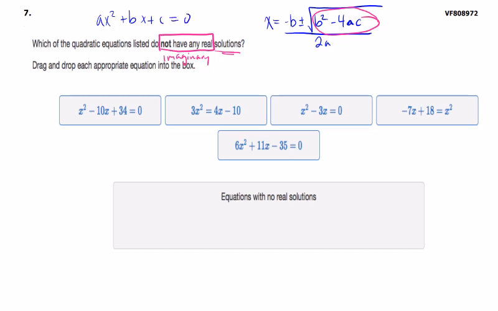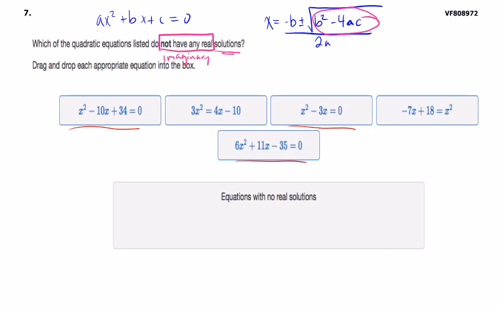In other words, I have to set one side equal to 0. That's already done for us in a couple of these, like this one, this one, and this one. So we can already use the discriminant, at least in those situations.